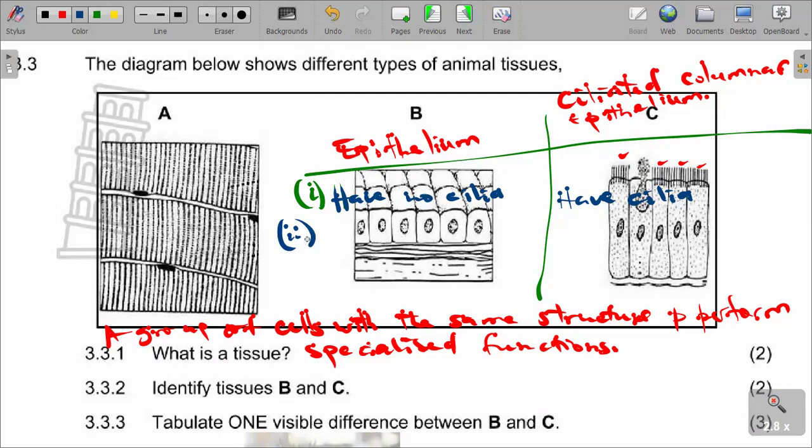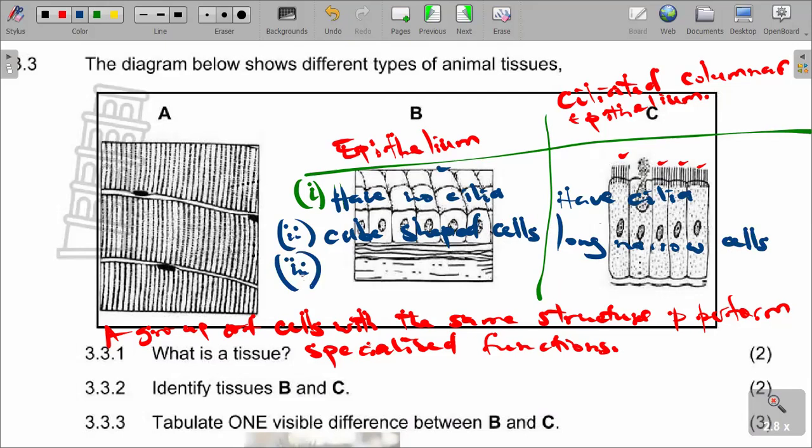Two, we can also see that B has cube shaped cells. As you can see, cube shaped cells. C has goblet cells, and it has long, narrow cells.